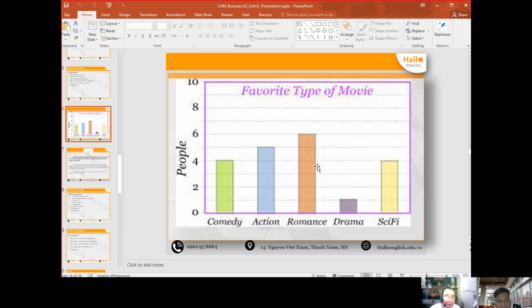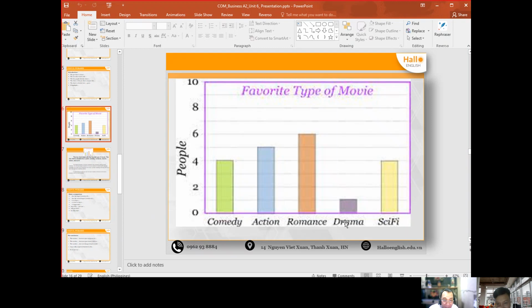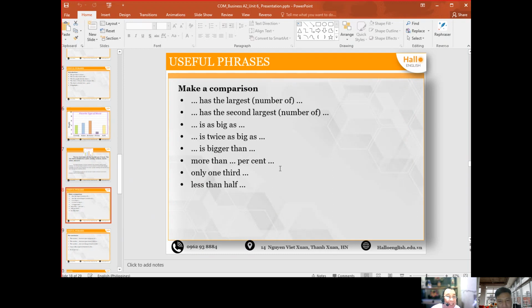So you can say more than 75% of people watch romance compared to people who watch drama.